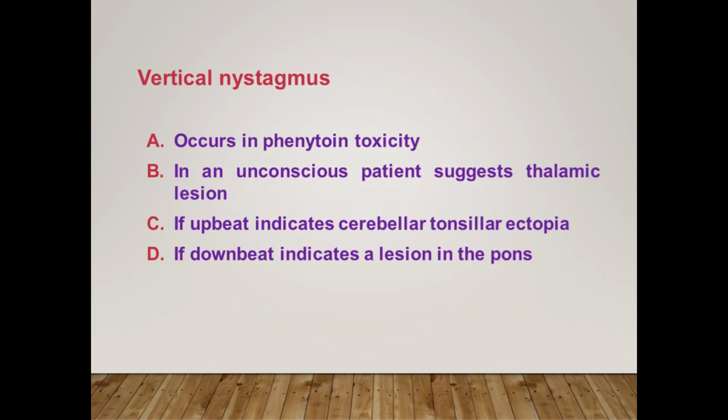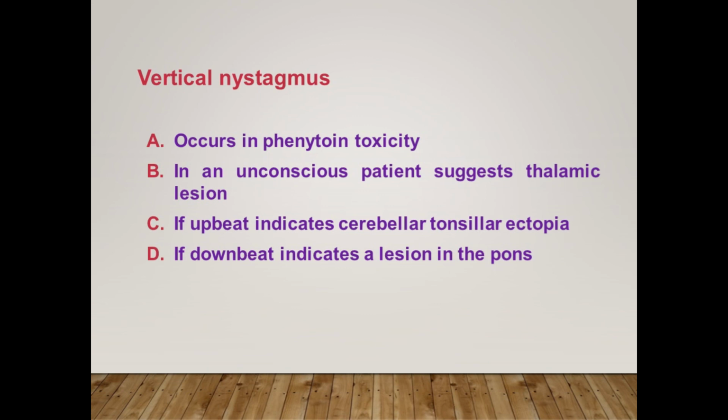Vertical nystagmus occurs in phenytoin toxicity, in an unconscious patient suggests a thalamic lesion. Upbeat indicates cerebellar tonsillar ectopia. Downbeat indicates a lesion in the pons. The right answer is vertical nystagmus occurs in phenytoin toxicity.